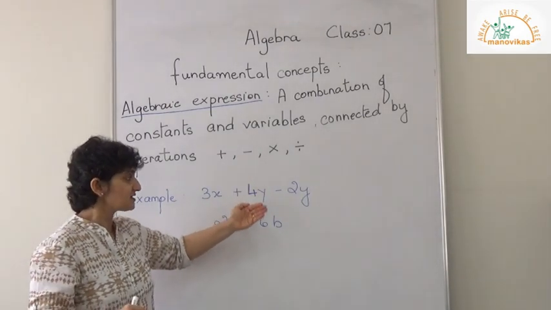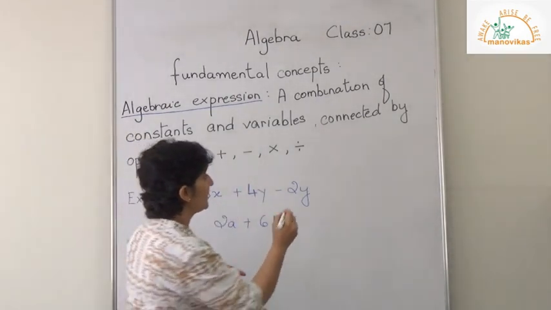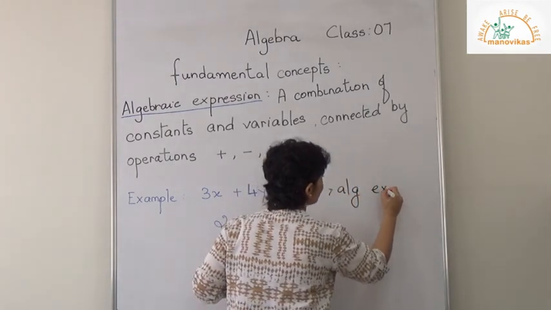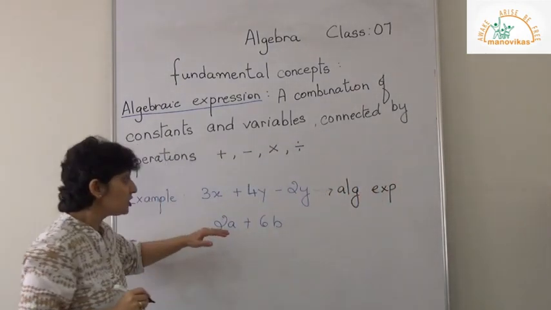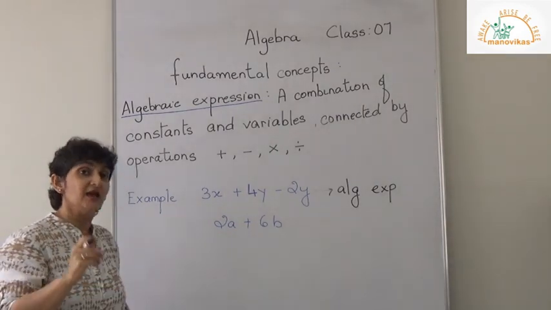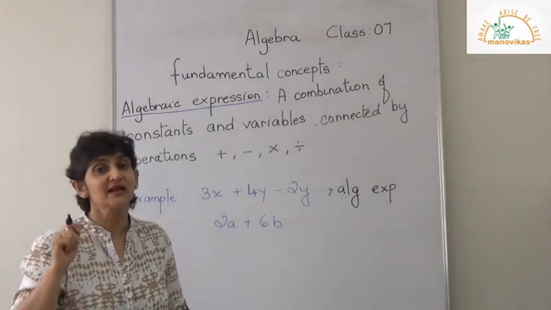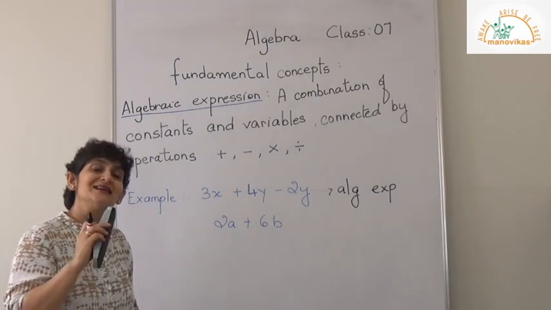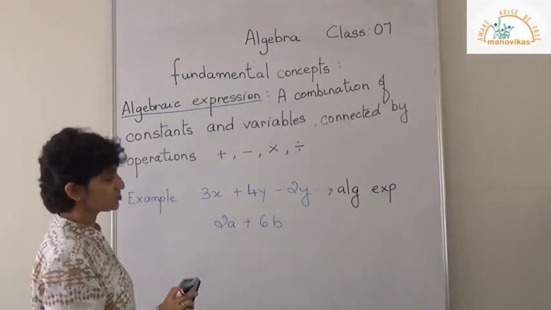So 3x plus 4y minus 2y is an algebraic expression. Similarly, 2a plus 6b is also an algebraic expression. Now, let's move on to the various types of algebraic expression.